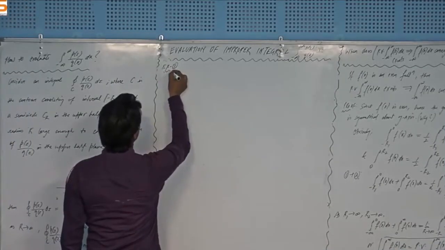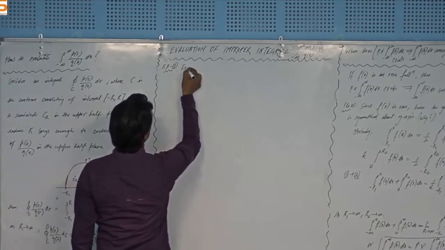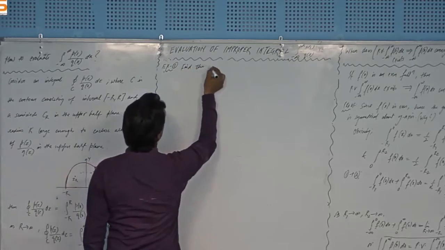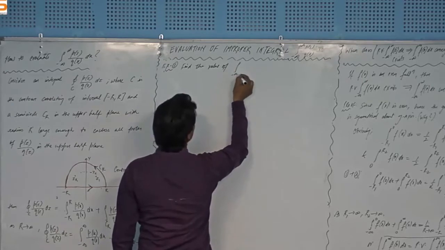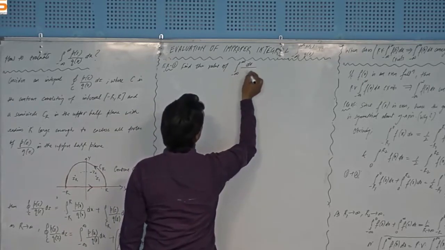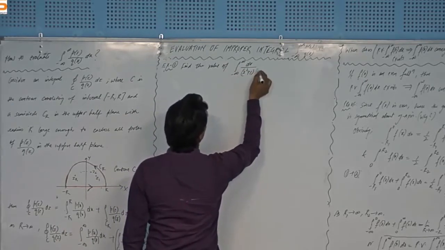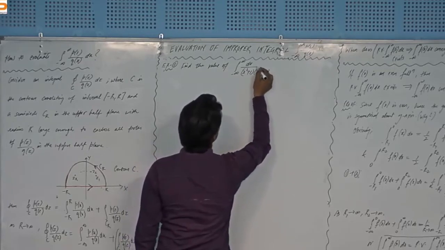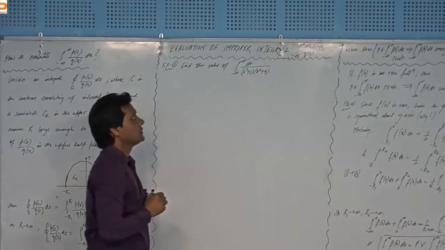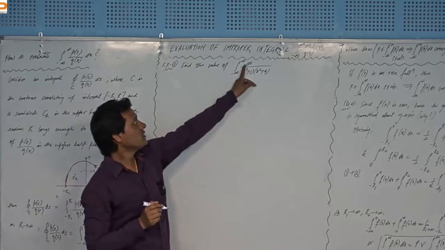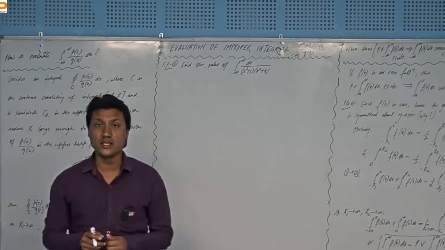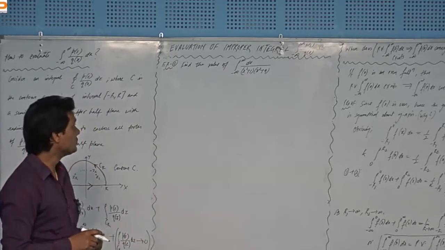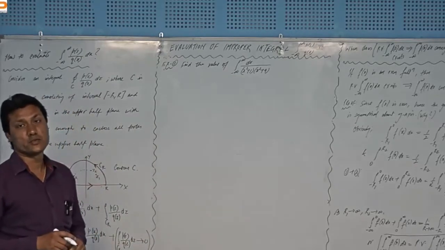Example number 1, find the value of the integral from minus infinity to infinity of dx over (x squared plus 1)(x squared plus 9). You can see that the integrand, P(x) over Q(x), is a rational function. P(x) is equal to 1 here, and Q(x) is the product of x squared plus 1 and x squared plus 9.